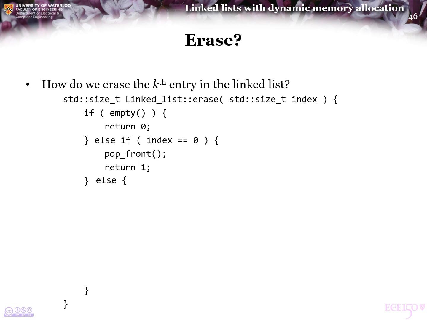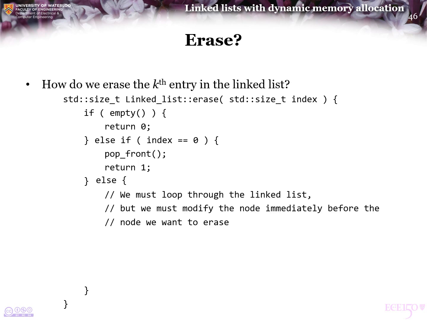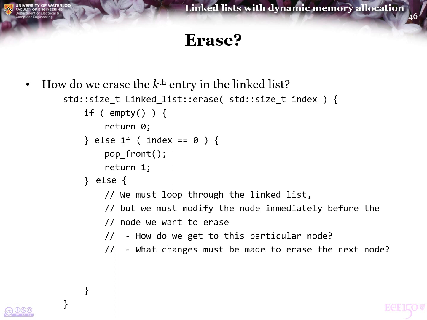What do we do otherwise? Well, we must loop through the linked list, but we actually have to modify not the node that is being erased, but rather the node that comes immediately before the node we want to erase. So how do we get to that particular node if it exists?